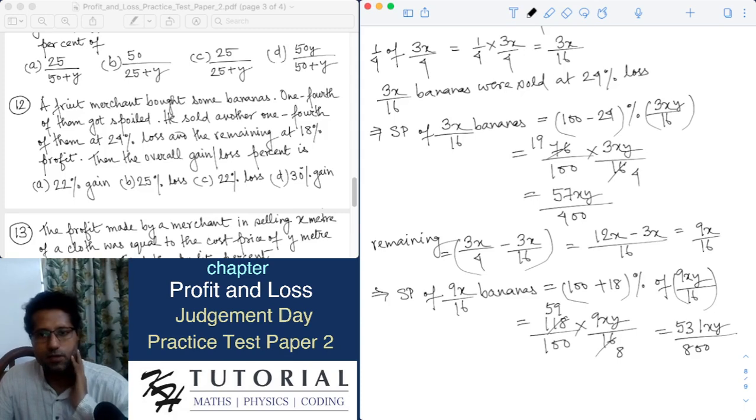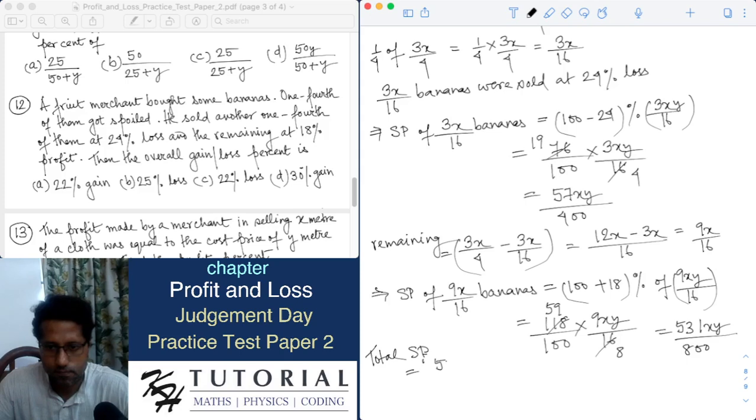So what is the total selling price? Total SP is this 57xy by 400 plus this 531xy by 800.